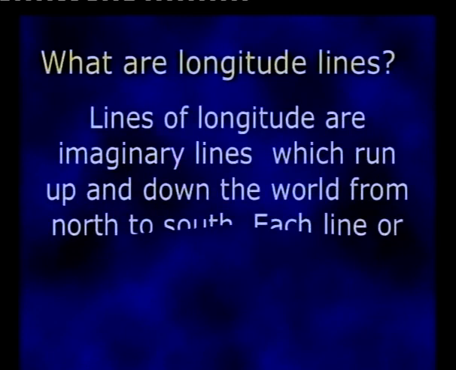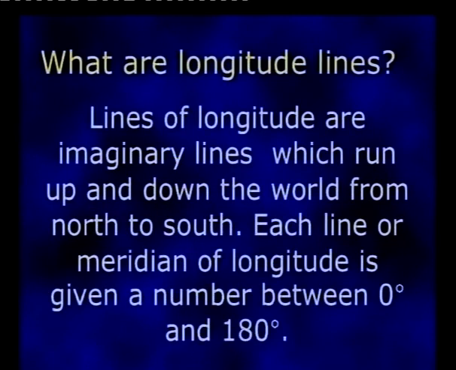Okay. Lines of longitude are imaginary lines which run up and down the world from north to south. Each line or meridian of longitude is given a number between 0 degrees and 180 degrees.